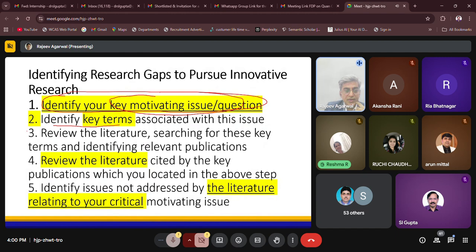So just see this first. Identify issues not addressed by the literature related to your critical motivating issue. What is the meaning of this? Identifying issues not addressed by literature relating to your critical motivating issue.